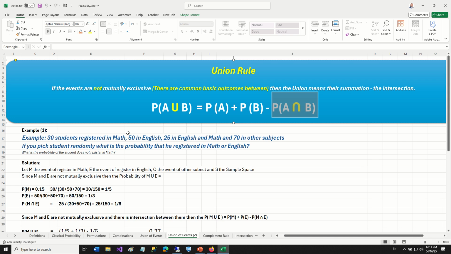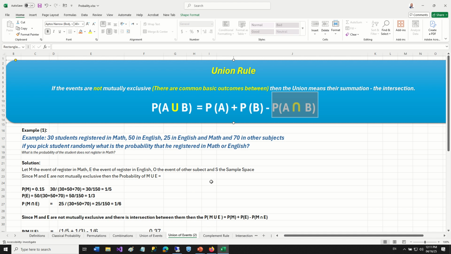Okay, so look at this example. If there are 30 students registered in math, 50 registered in English, 25 in English and math, and 70 in other subjects.